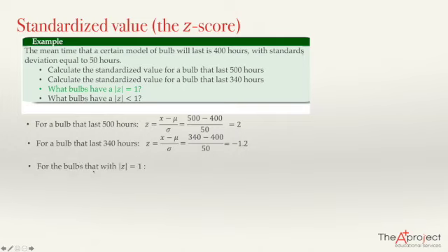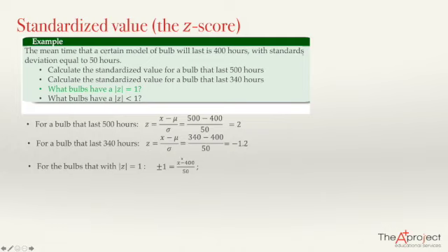So let's write this. For the balls with an absolute value of z equal to 1, we have plus or minus 1 equal to x minus 400 over 50. And we need to find the value of x. What balls have a value that is one standard deviation from the mean?